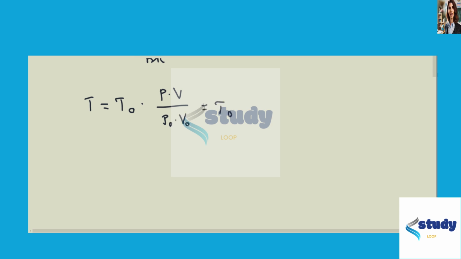So this will be T0 times, and here we have 10 to the 5th power pascals only, times the volume in meters cubed, over 3 times 10 to the 5th power pascals times 0.02 meters cubed.